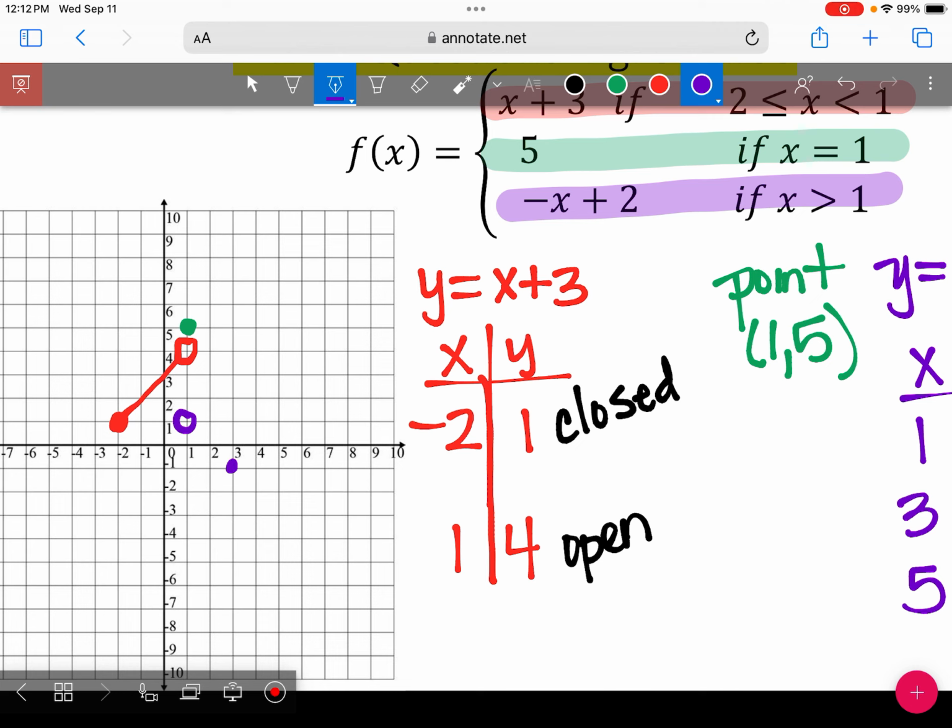You can have a whole bunch of opens. But you can only have one closed. Okay, so then what was the other one? 5, -3. All right, so this one looks like this. Can I put an arrow on my purple one? Yeah, because it's going towards infinity.